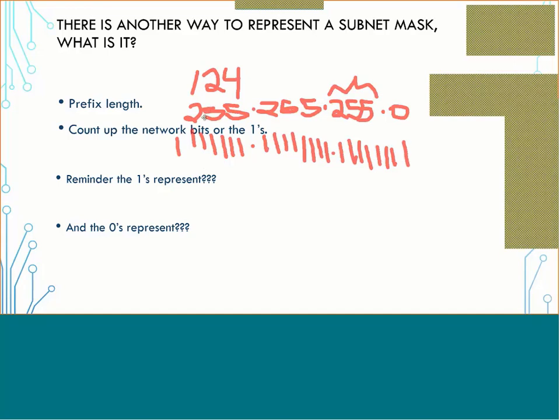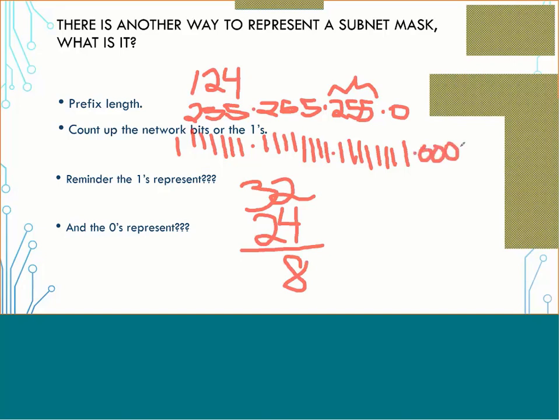Now, if I know that I have 24 network bits, how many host bits are left over? 8, right? I know that there's 32 bits in an IPv4 address, so I could do the math, or I could think of it in terms of the octets. So there's a couple different ways. As long as you know what the network bits are, you can always figure out what the host bits are.